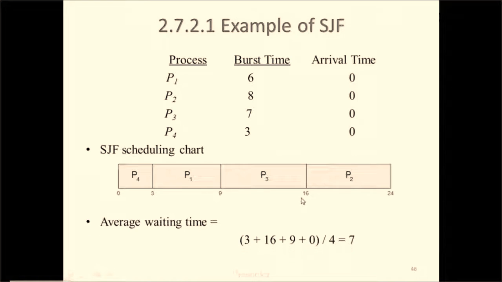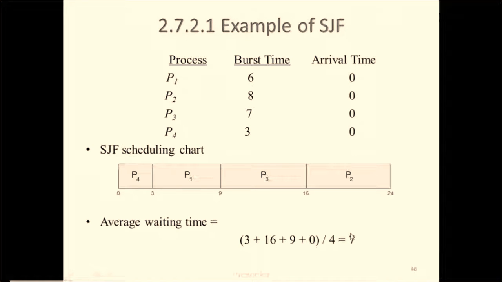So if we calculate average waiting time, P1 3, P2 16, P3 9, P4 0. If we find out the average of all these four, we get 7.